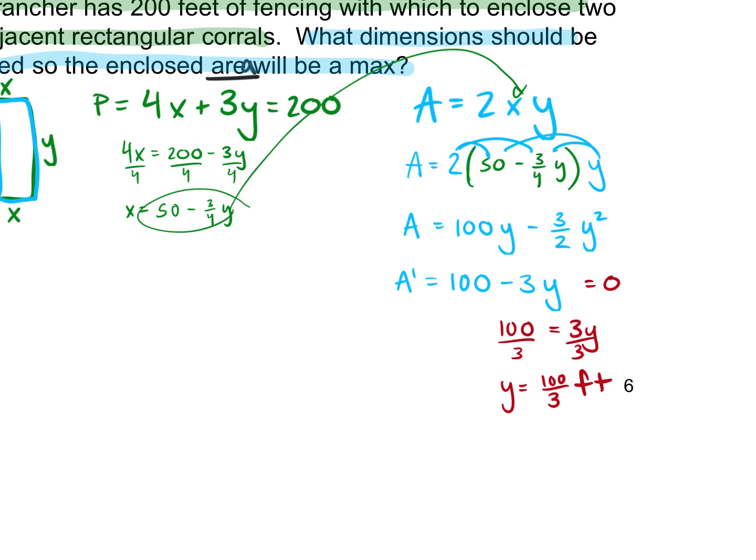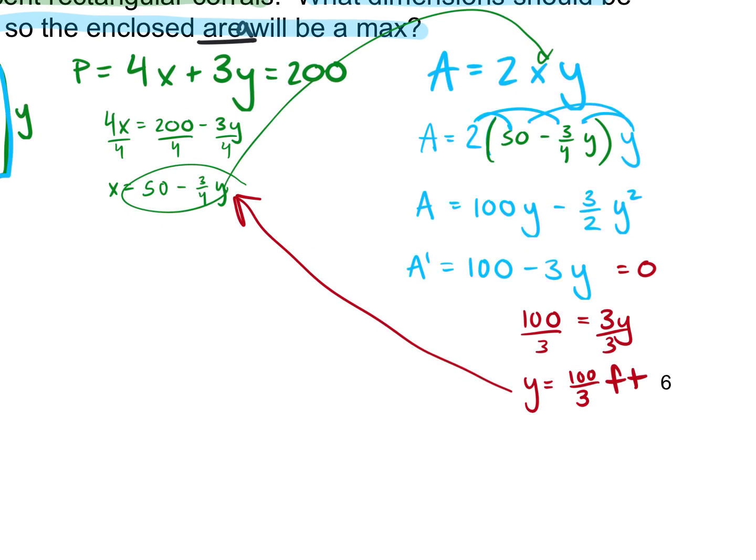Now how would we find x? We can plug it into our simplified equation here. So x equals 50 minus 3/4 times 100/3.